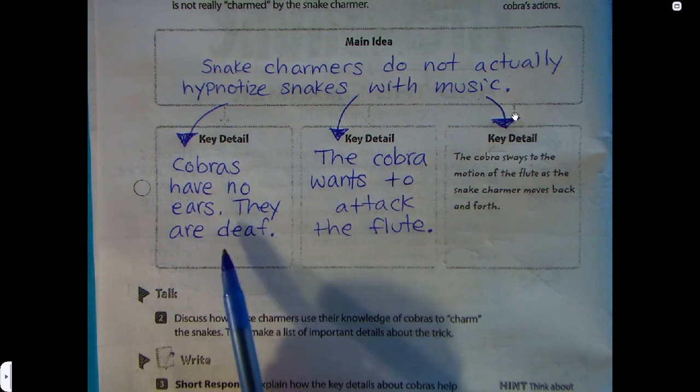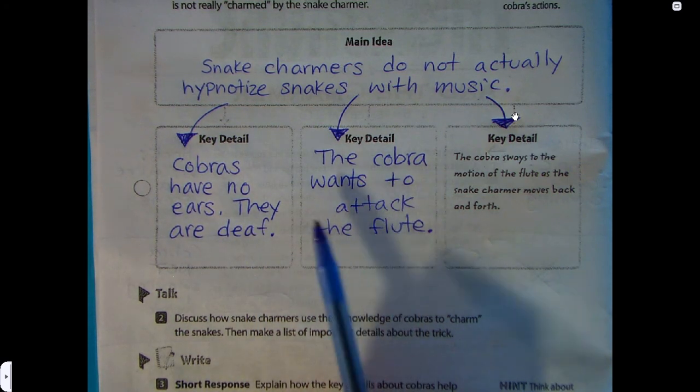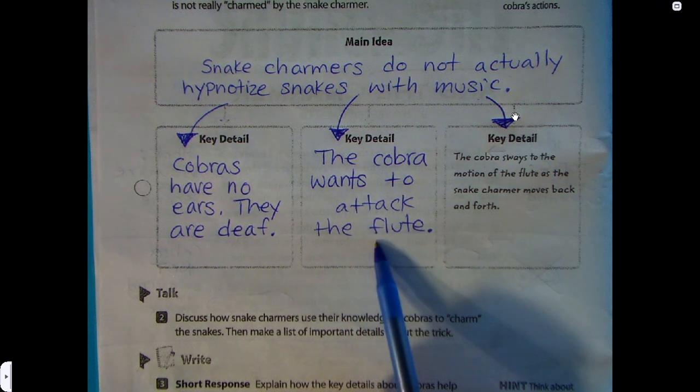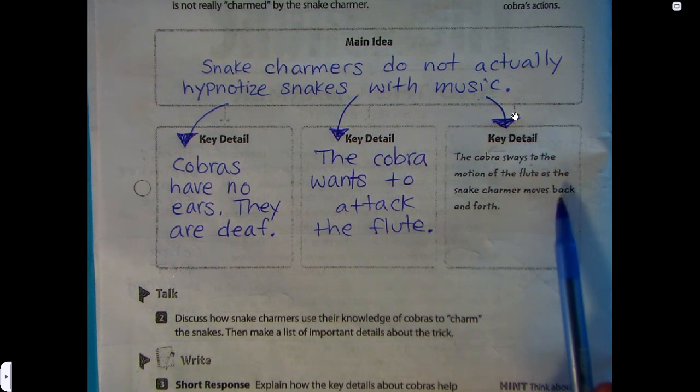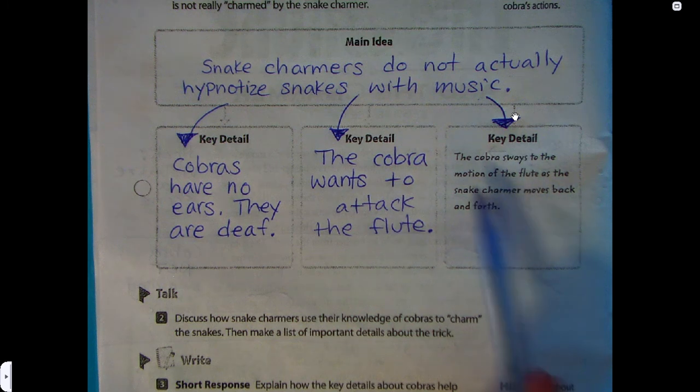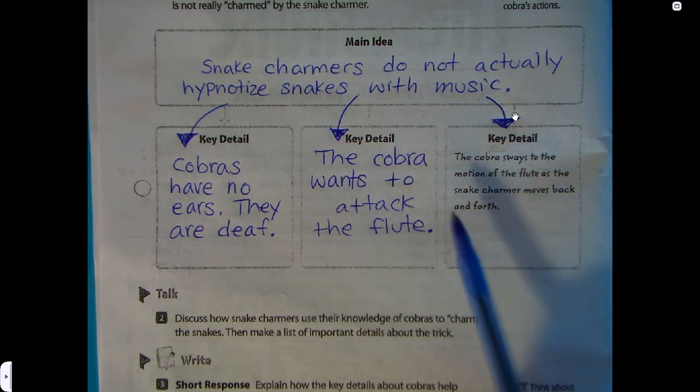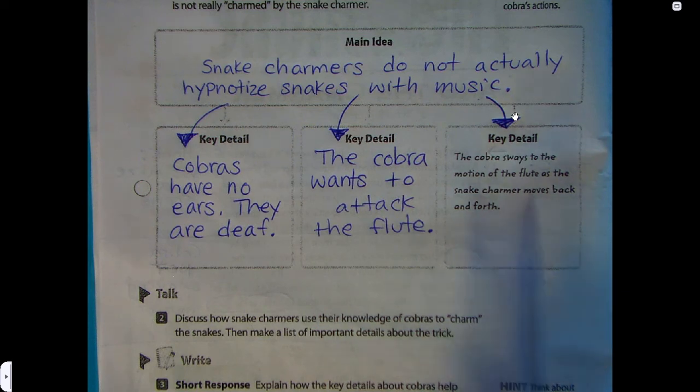They're deaf. Also, cobras want to attack the flute. And when you see a cobra swaying back and forth, it's not hypnotized. It's actually swaying to the motion of the flute, because the flute is getting swayed back and forth. So the cobra is following it, trying to get into position, right? So there's my main idea and my 3 details.